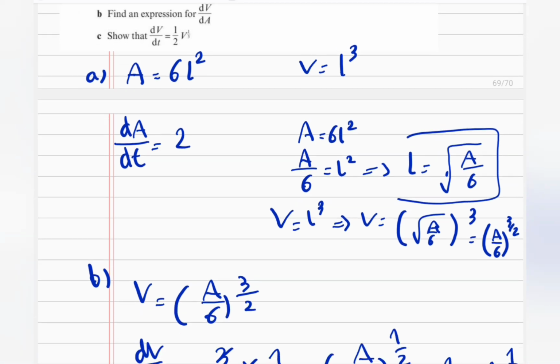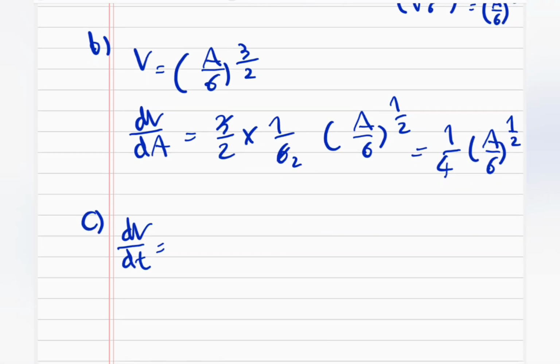So t is an element in this question, so we need to have the time, and then usually the other 2 parameters are the things that are given to us in the question. In this case they are volume and area. So the point that I'm trying to make is that in the chain rule, we need to form a relation between these parameters in a way that is useful to us.